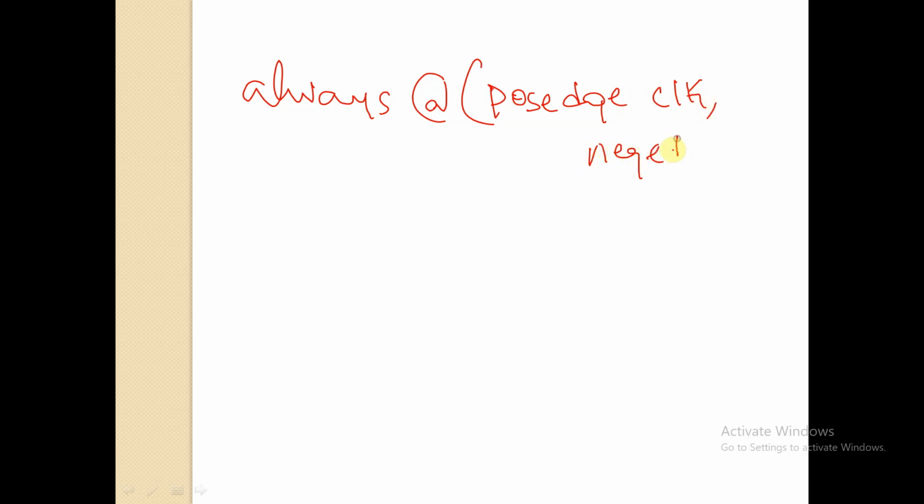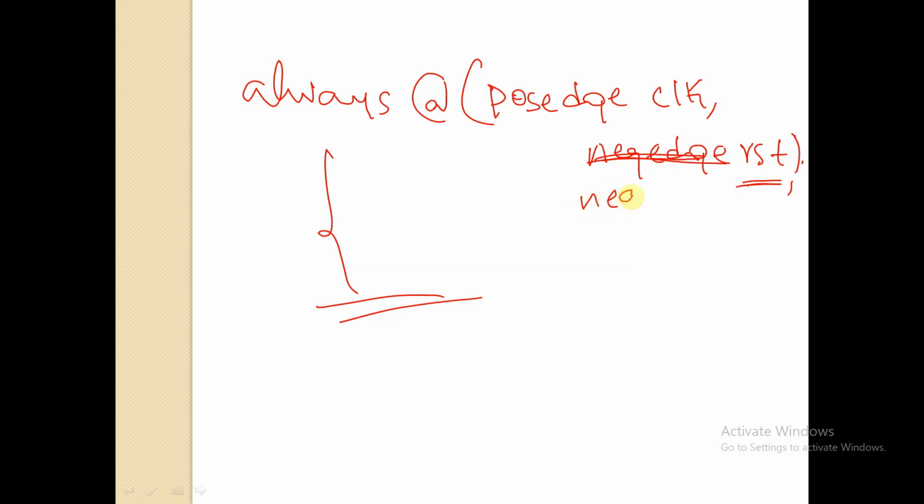If we want to make it asynchronous, basically we don't use negedge, we will just apply reset. So if there is any change in this reset, the block will be executed. Or else we can use negedge also, no problem in that. Negedge or posedge.